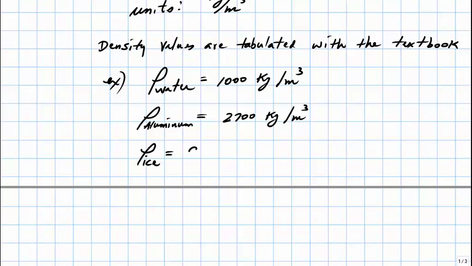The value is 917 kilograms per cubic meter, and as you can see, this value is less than the value for the density of water. This is an important observation because this is what enables ice to float on top of water. We're going to find out later on that an object with a smaller density will float upon an object with a higher density. And this is what enables ice to float on water.